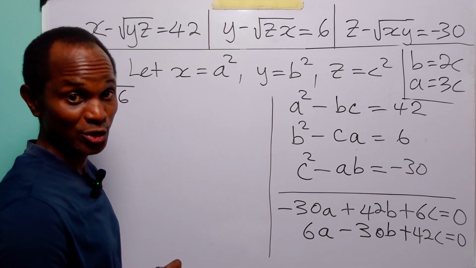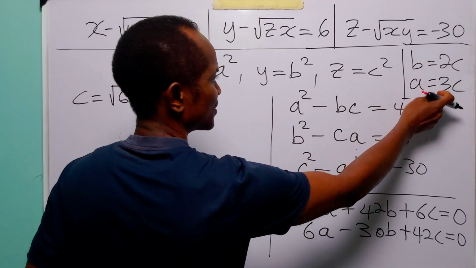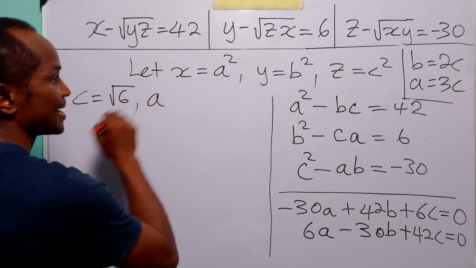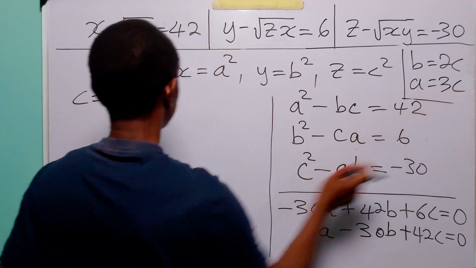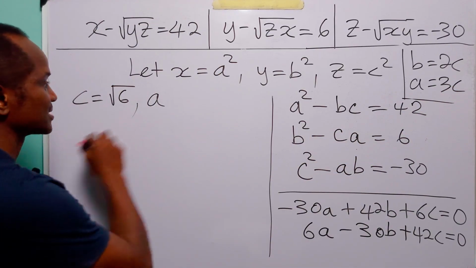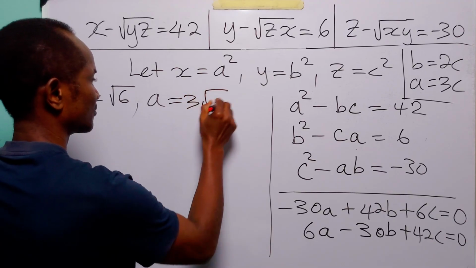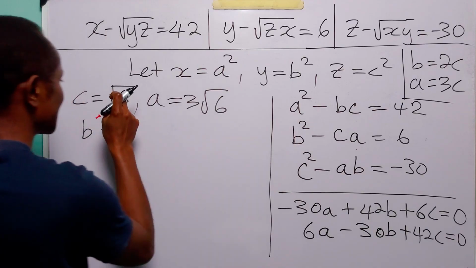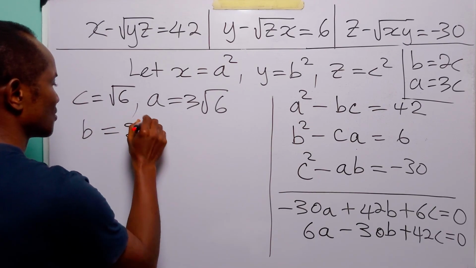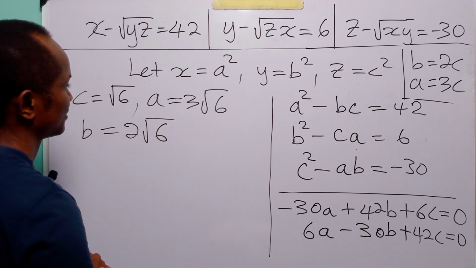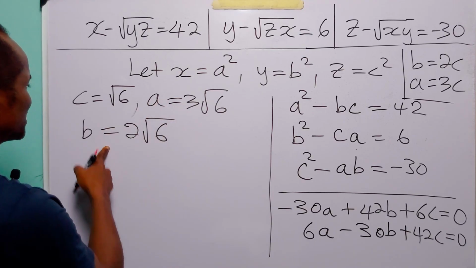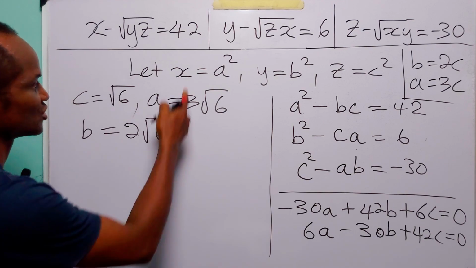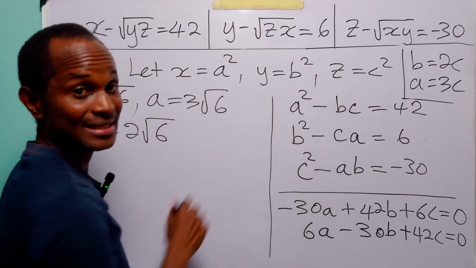And having found the value of C, we go back to these two equations to find the values of A and B. So we have that A is equal to 3 times C, that is 3 times root 6. And B is equal to 2 times C, that is 2 root 6. Now we have the values of A, B, and C. The final part of this solution is to find the values of x, y, and z.